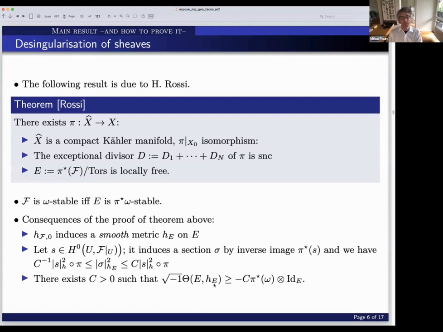And then another consequence of the choice of this metric and of the proof of the theorem of Rossi is that actually the curvature of E endowed with this pullback metric, if you want, is bounded by the inverse image of omega times the identity of E, which I think is a remarkable thing.